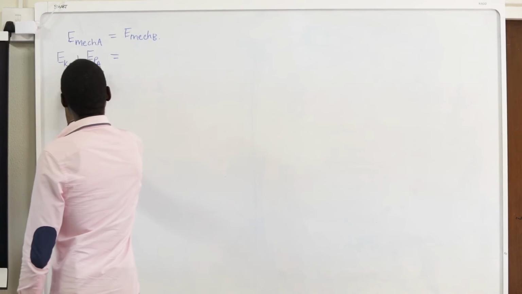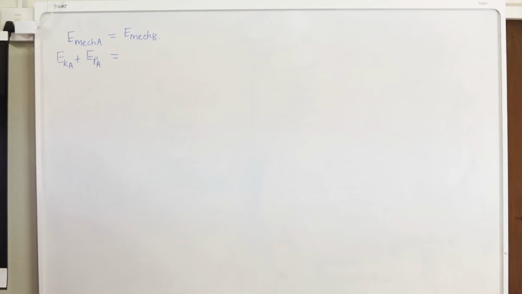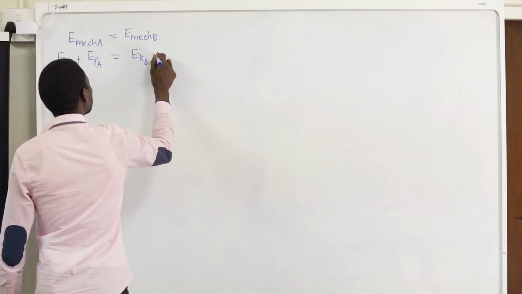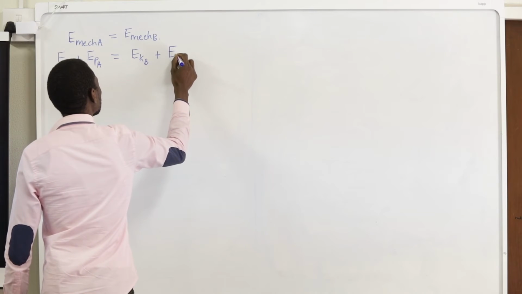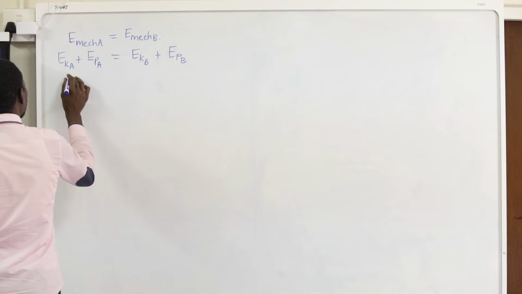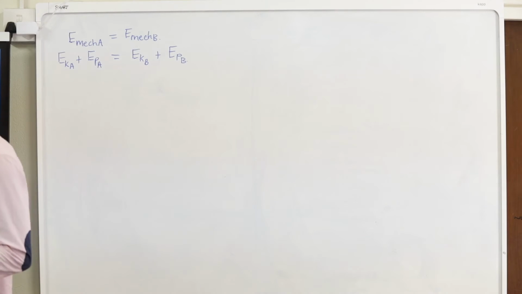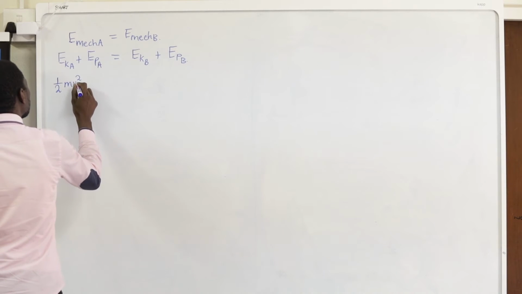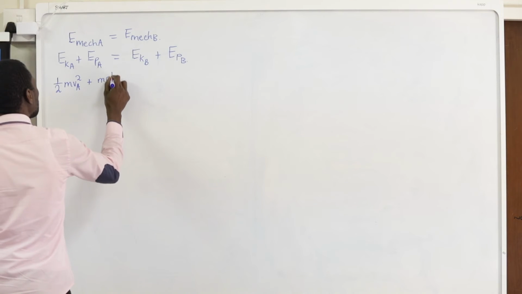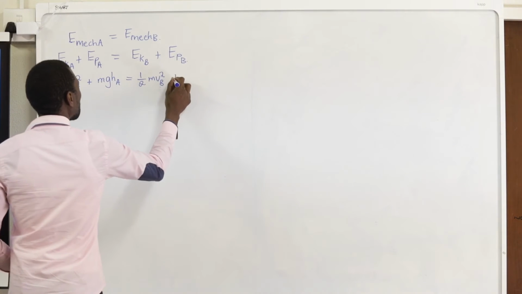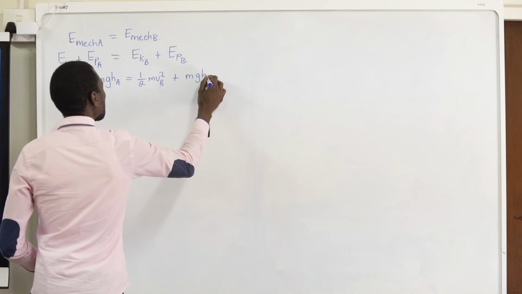We are saying the kinetic energy plus potential energy at position A is equal to kinetic energy plus potential energy at point B. Now the formula for kinetic energy at point A is simply given by half mv squared at A. So half mv squared at A plus mgh at A is equal to half mv squared at B plus mgh at B.